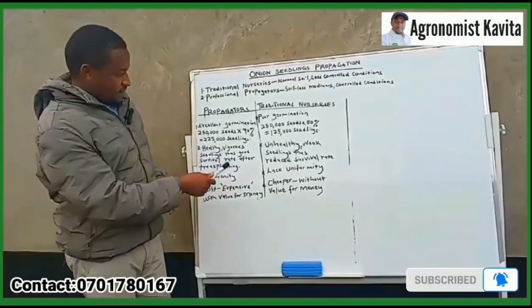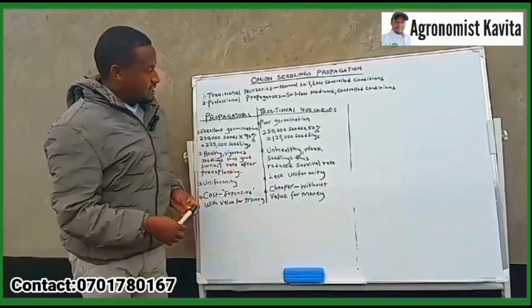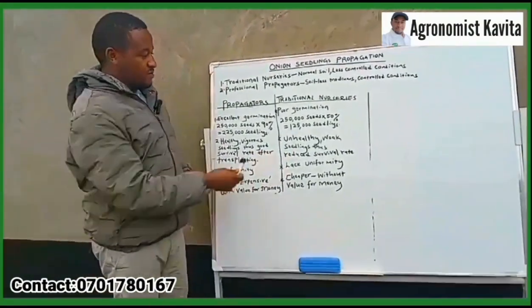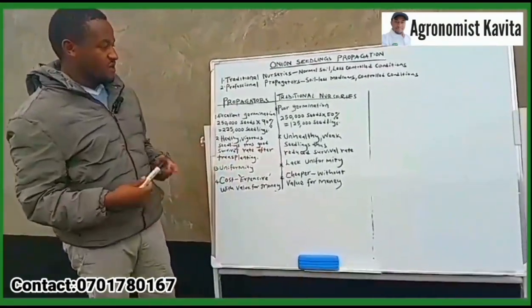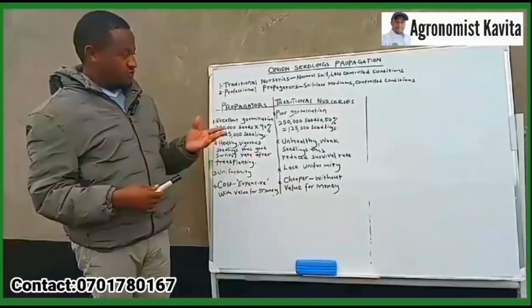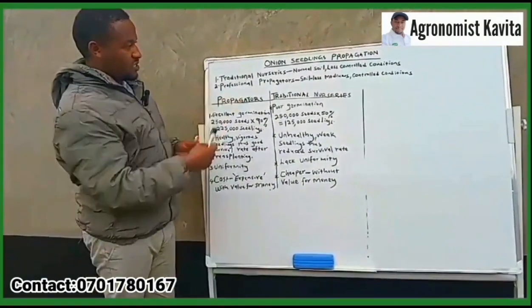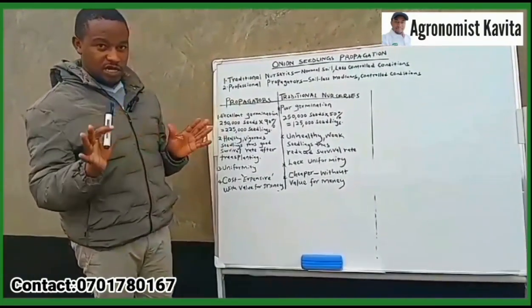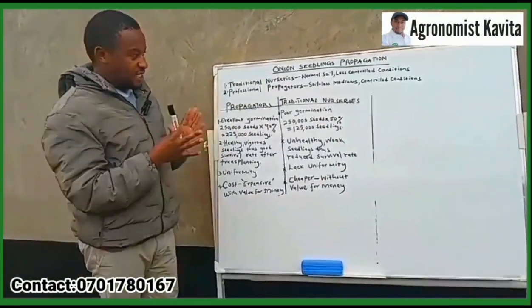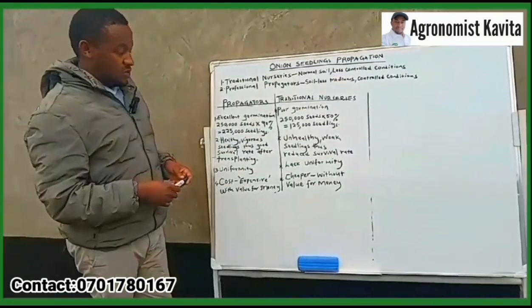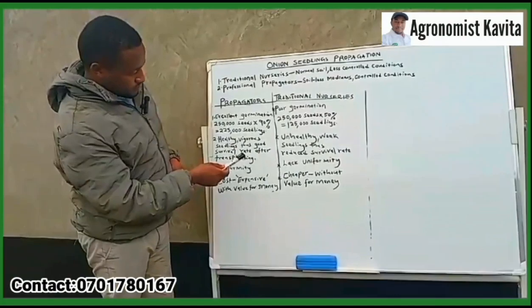For the traditional nurseries, most of the seedlings you come up with will be unhealthy, some of them weak, some of them looking very sickly, because we talked about how the environment and conditions are controlled inside the propagation units, most of them greenhouses.